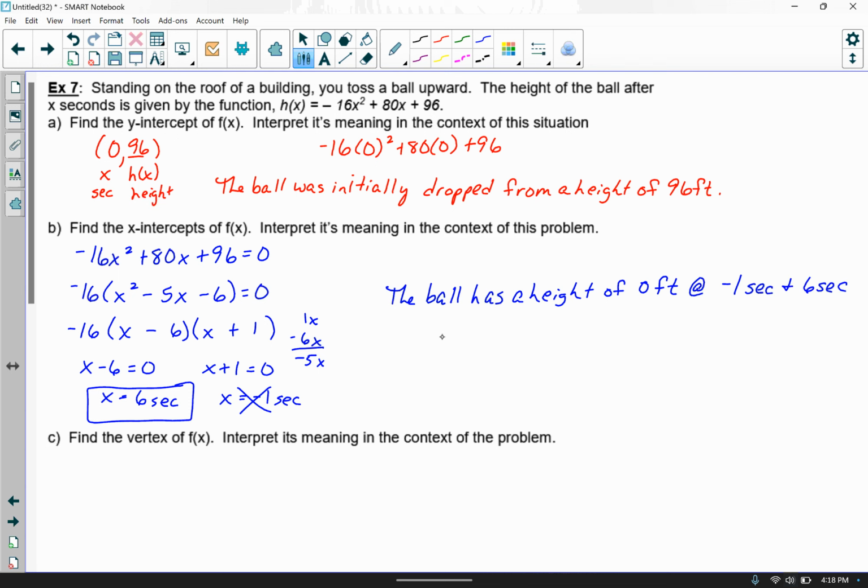Or you could also say here that the ball hit the ground after 6 seconds. So the ball hits the ground after 6 seconds. Because again, that negative 1 seconds does not make any sense because we're talking about time.